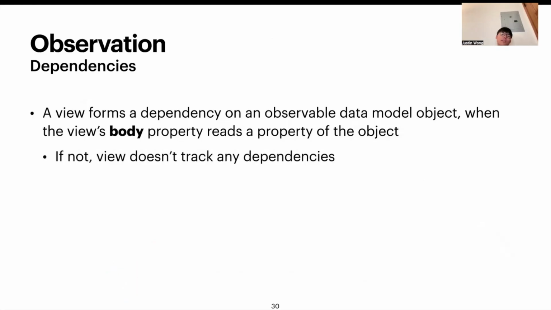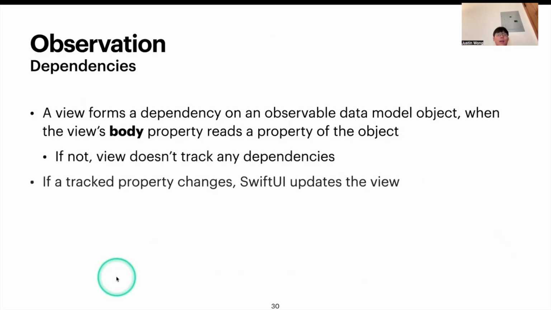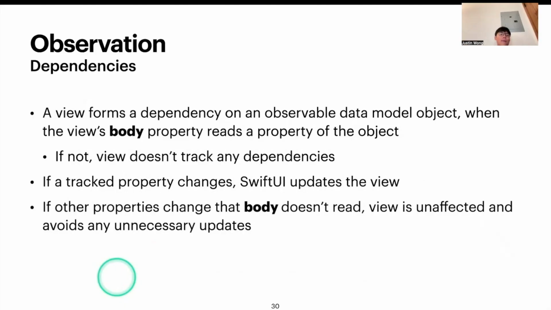If not, the view doesn't track any dependencies. And if a tracked property changes, then SwiftUI just re-updates the view. If other properties change that the body doesn't read, the view is unaffected and avoids any unnecessary updates for performance reasons.